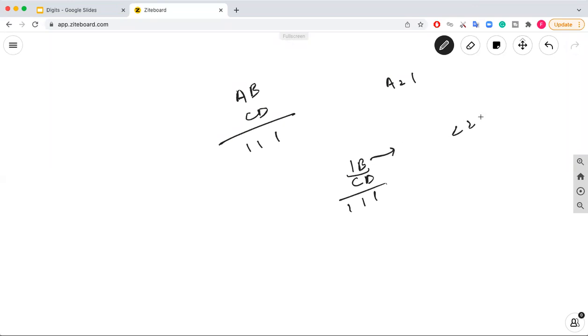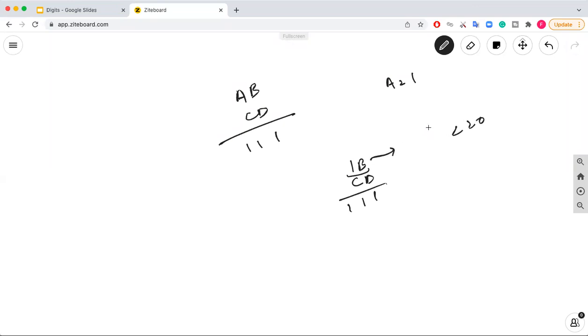Okay, we have AB plus CD equal to 111, right? Based on that, the sum of two-digit integers can never be greater than 200. It must be less than 200. So A came out to be 1, right? So we have 1B plus CD equal to 111. Next, 1B has to be less than 20.